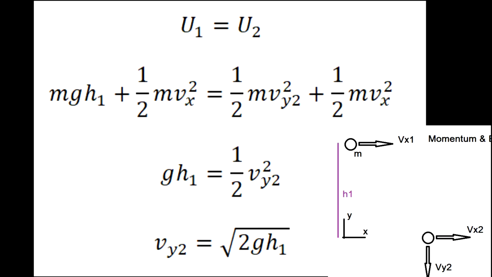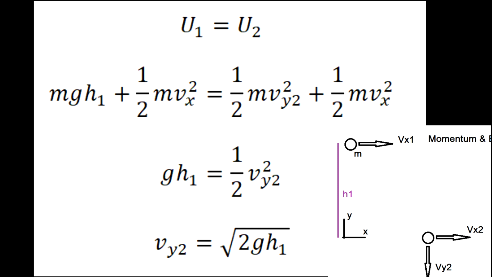Next, I did conservation of energy. Energy is not conserved through the impact, but it is conserved from the peak to right before the impact. So the energy at state 1 is equal to the energy at state 2, which is right before the impact.